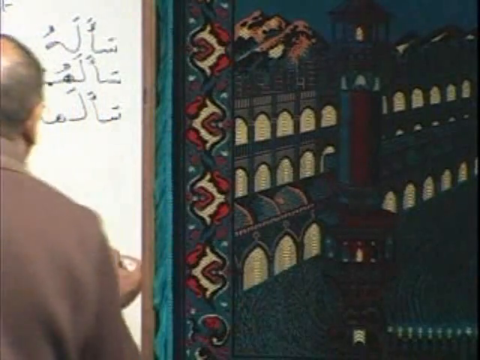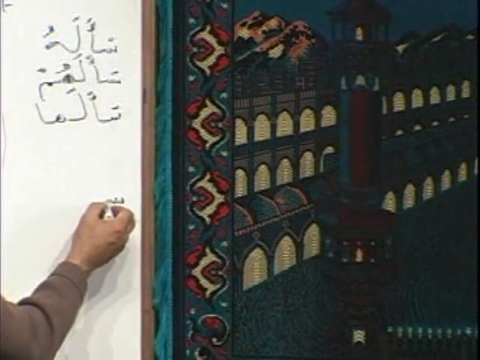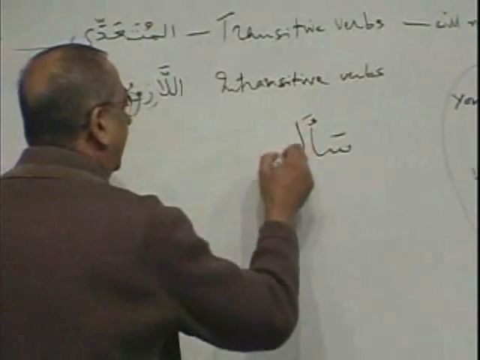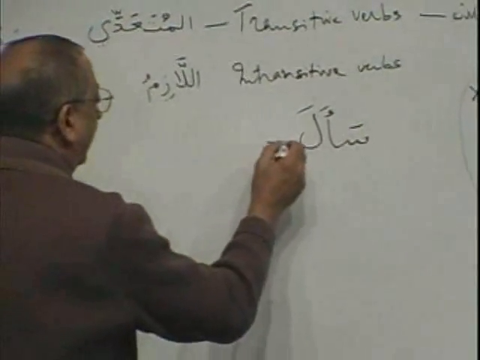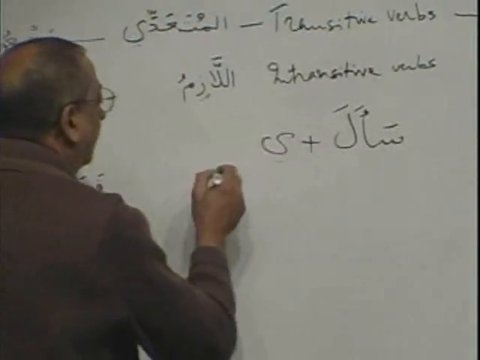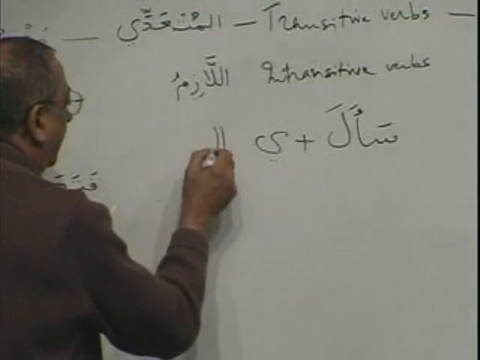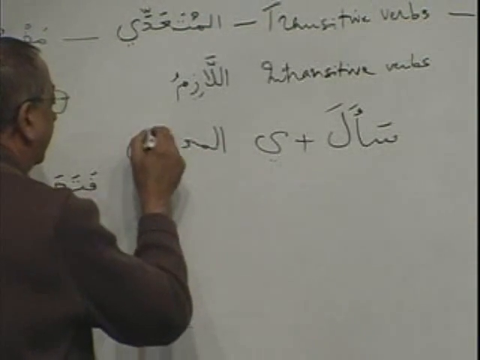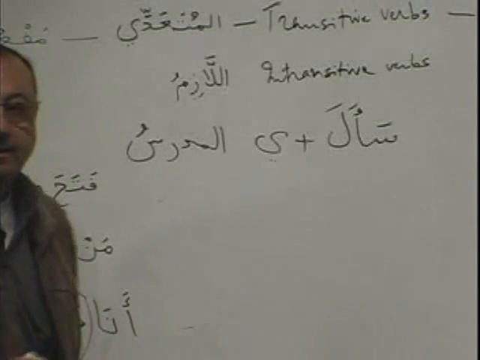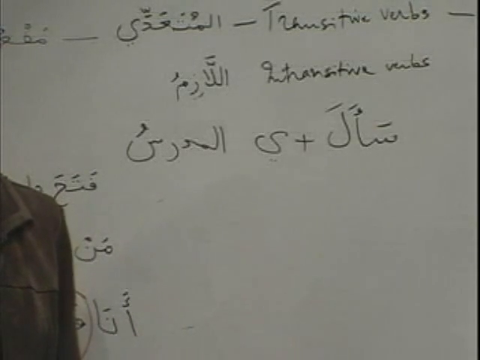See, here is the verb, brothers and sisters. What is the verb? You should understand this very well. Sa'ala, this is your verb, and this is your mafulun bihi, and I will put here mudarris also, mudarrisu, this is your fa'il. Are you with me, brothers and sisters? Okay.